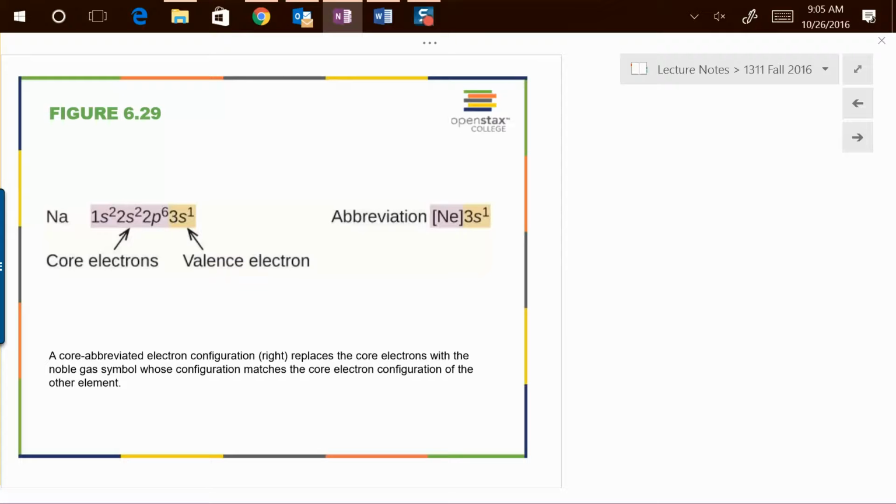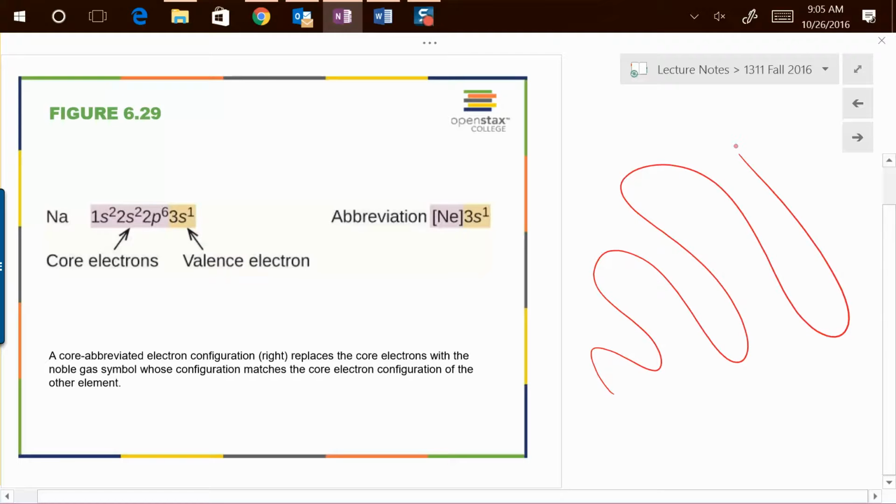So I don't know if some of you learned this funky thing where you had to go back and forth, back and forth, back and forth. Okay? This is 1s, this is 2s, this is 2p, 3s. I don't know if any of you did that thing. I hate it. Because it's trying to make you memorize something that you don't have to memorize. All you have to do is read your periodic table.